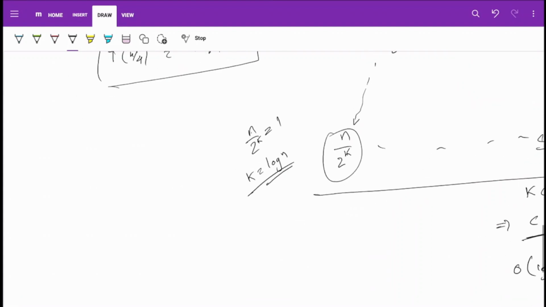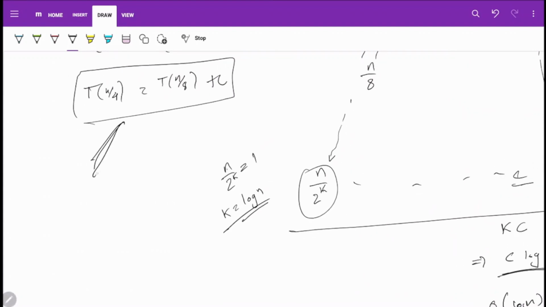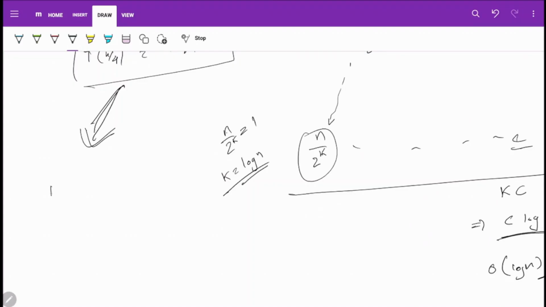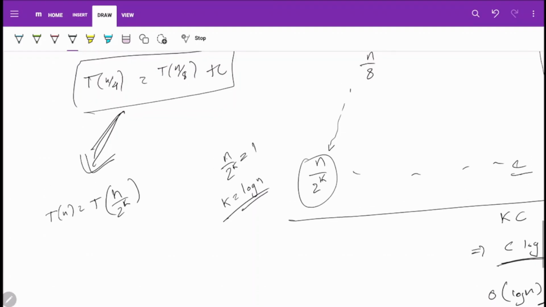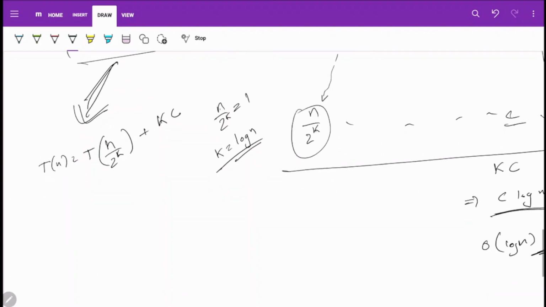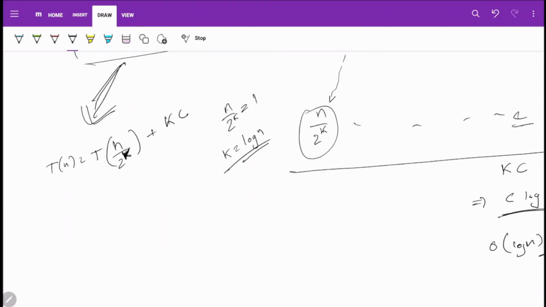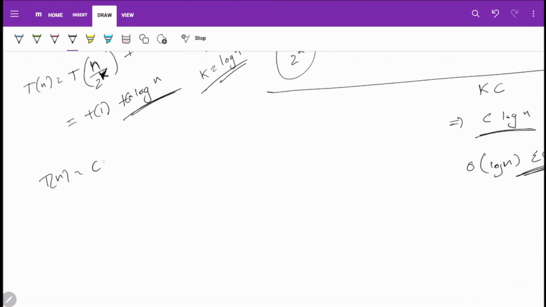Also, if I put the same equation in the one we got, we will get T of n is equal to T of n by 2 to the power k plus kC. We want n by 2 to the power k to be 1, so this will be T of 1 plus k value, which is log n, so C log n. So we got T of n is equal to C log n.